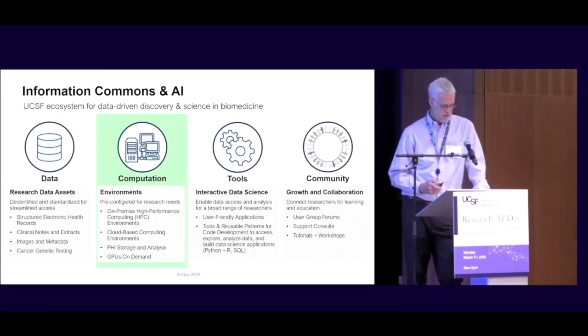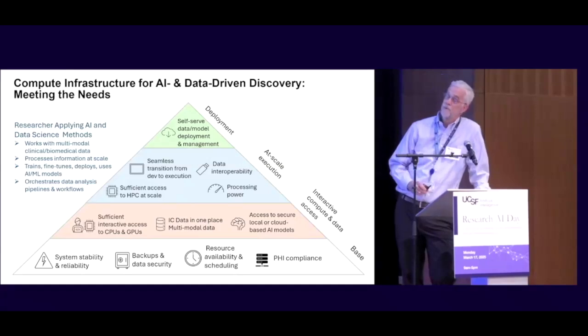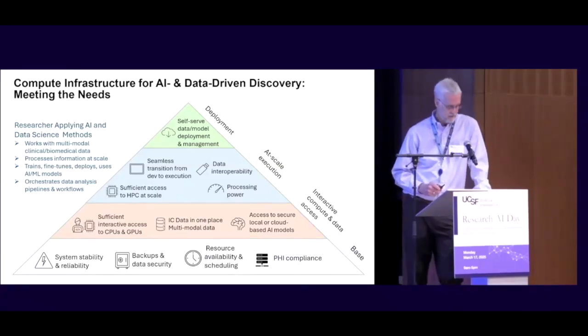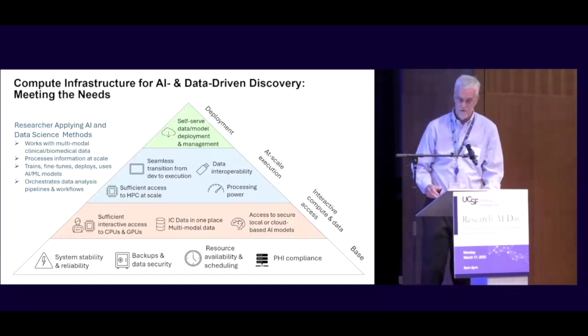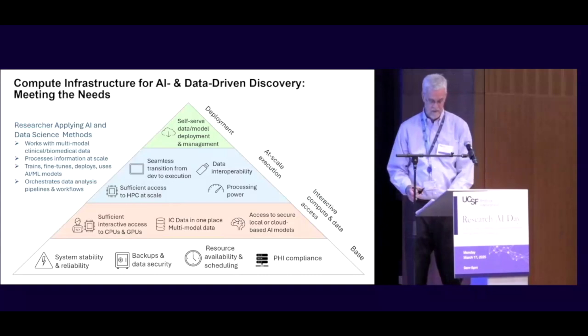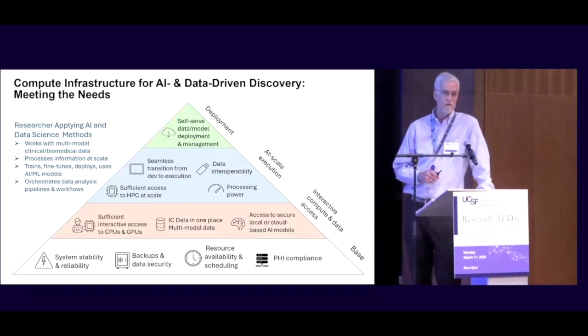I am going to start with compute infrastructure at UCSF. And some key requirements that we need for compute is to support multimodal data, processing at scale, training and fine-tuning of models. This pyramid is an attempt to show, bottoms up, the components for each. So you start with the base layer.